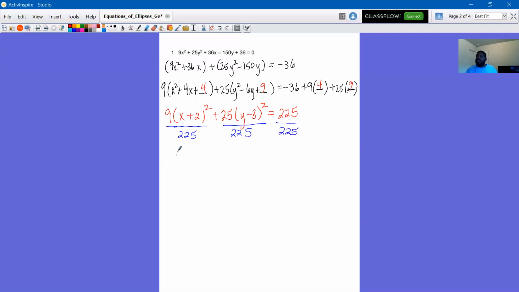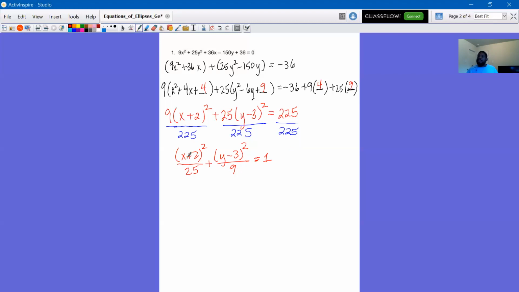And we're going to get (x plus 2) squared over 25 plus (y minus 3) squared over 9, and this equals 1. So at this step, we got the standard form.